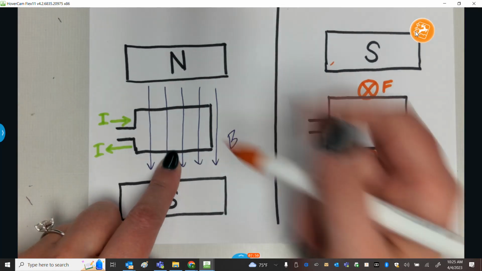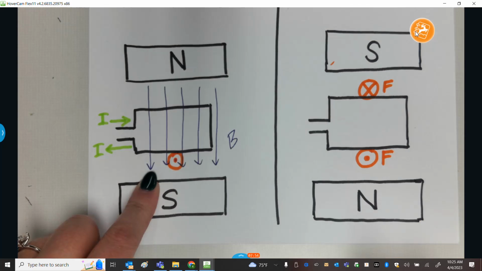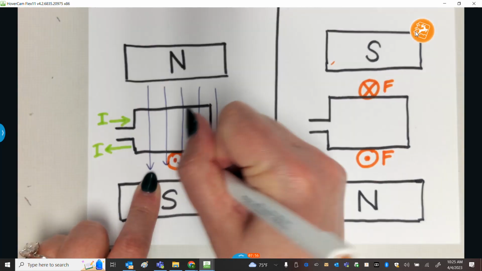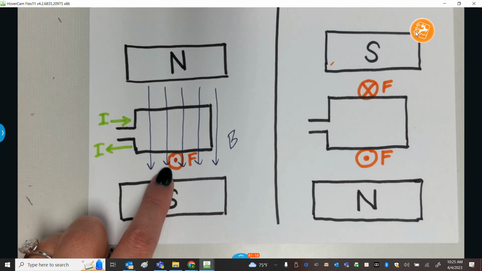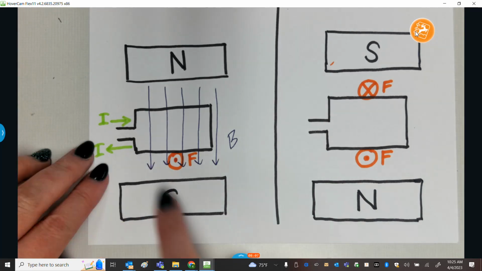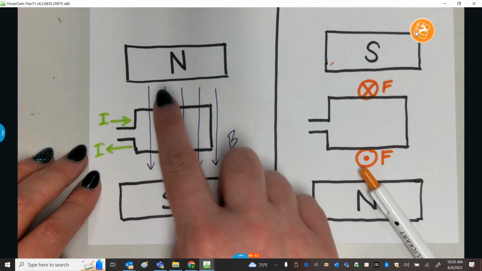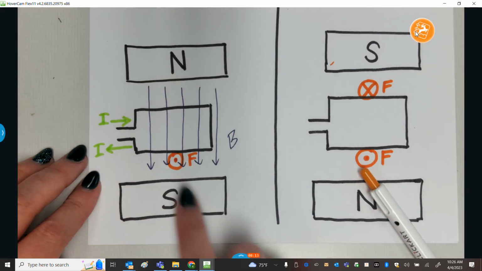The symbol that we use for out of the page is this one. I'm going to label it as a force. So the bottom portion of my wire is being pulled up, because that's what a force does. It pushes or pulls. It's pushing or pulling it up out of the page. If my current is going the other way, which it does, at the top it's going this way, at the bottom it's going this way, then I'm just going to flip my hand.